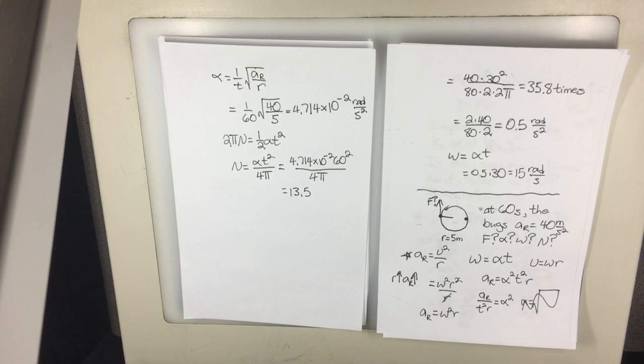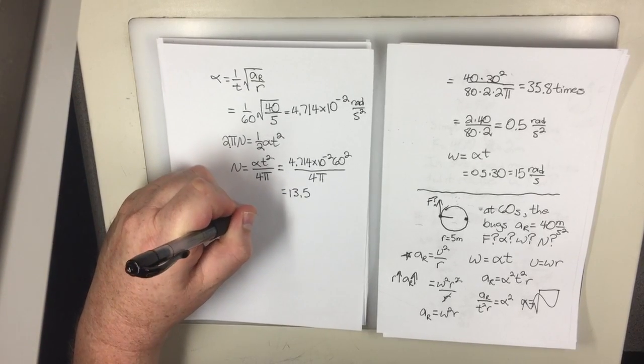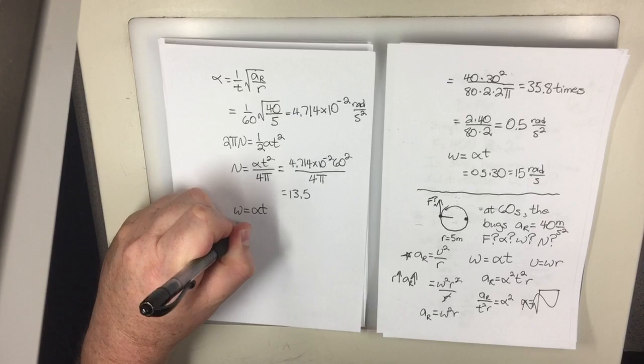The other thing about these types of problems, and it frustrates a lot of the students, is that you can go in many different directions. I'm sure we could do this problem solving for number of rotations first or something else first. What's the force? Well, actually, now we can get omega. Omega is omega naught plus alpha t.